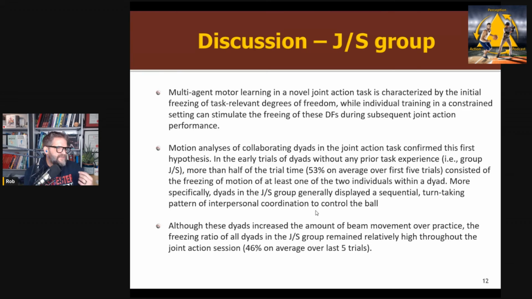What they found was this group had much more evidence of freezing degrees of freedom. And this type of freezing was sequential turn taking. It seemed to be a strategy of interpersonal coordination rather than an individual level. Although they eventually began to free the degrees of freedom, doing less freezing, overall they still had a relatively high amount of freezing even at the end of training.